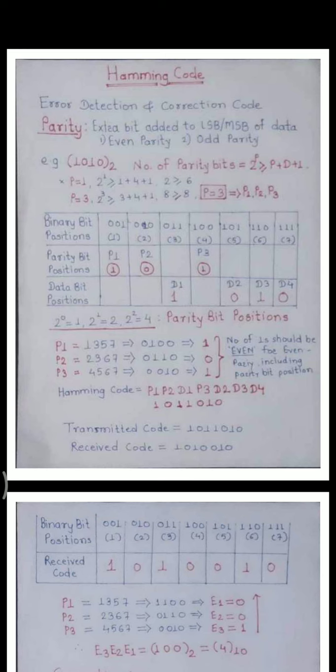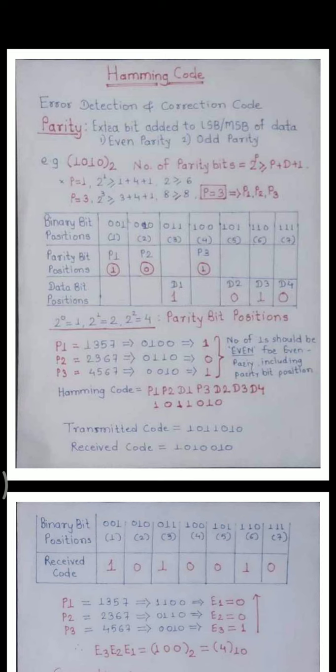Okay, so parity bit positions are 1, 2, and 4 in the table. So P1 is at 001, that is 1 position or first position. P2 is at 010 position, that is second position. And P3 is at 100, that is fourth position.